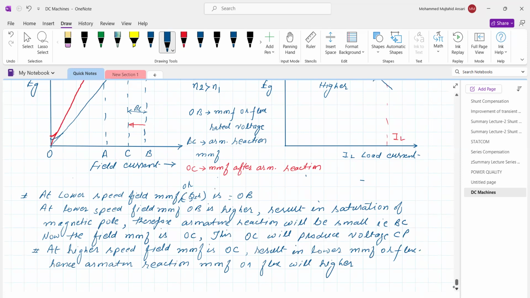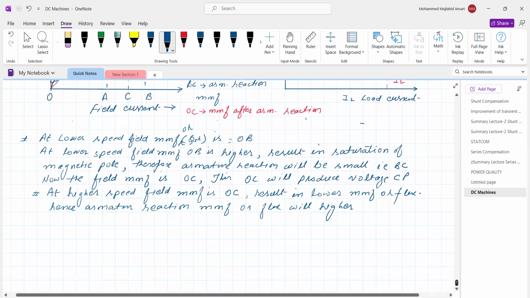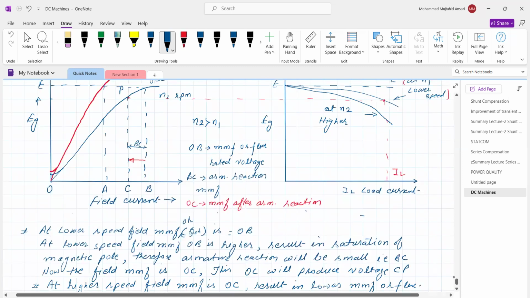So the armature reaction MMF at the same load current will be more dominant. And that's why, if you go to the figure, the armature reaction may be somewhat higher, or even the same.